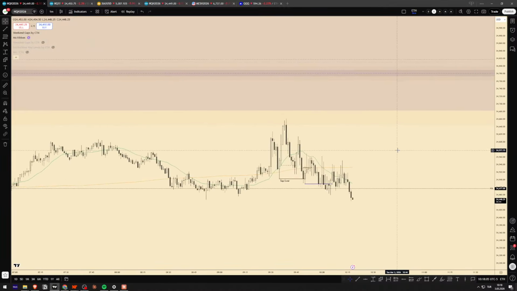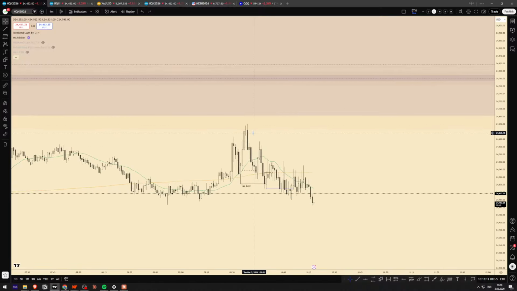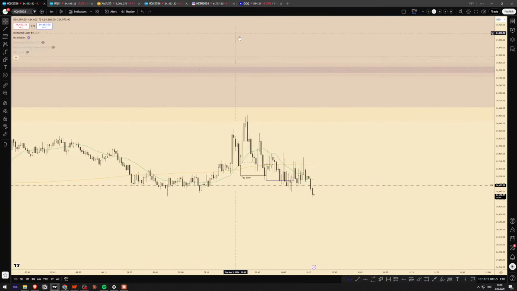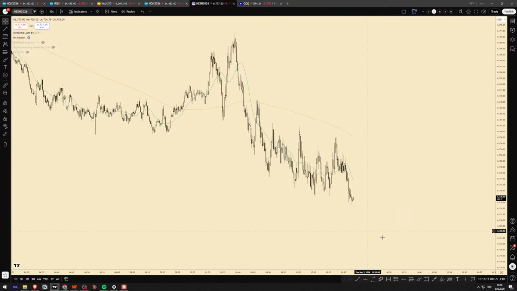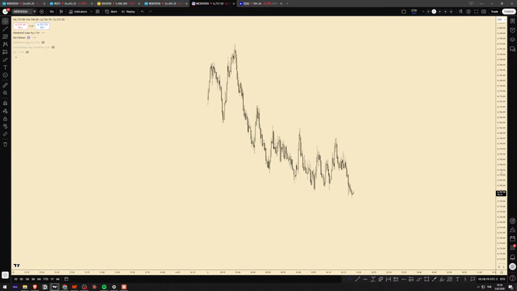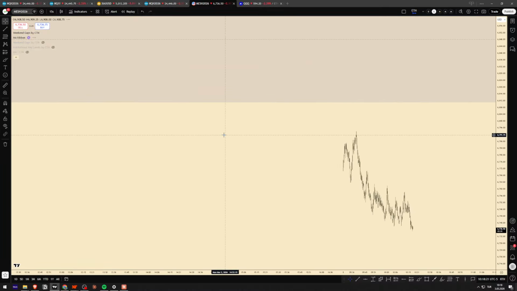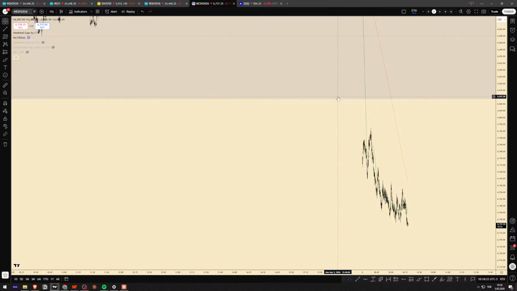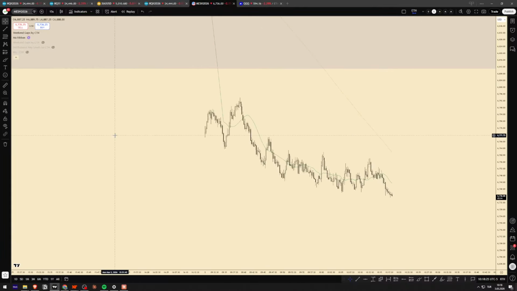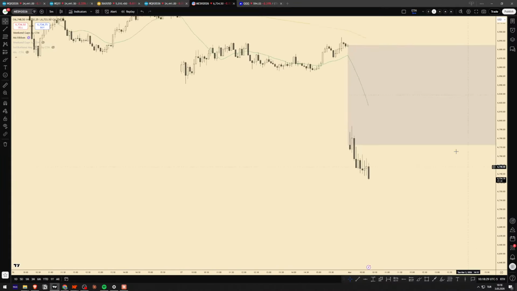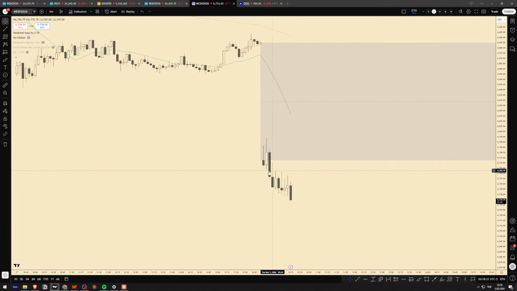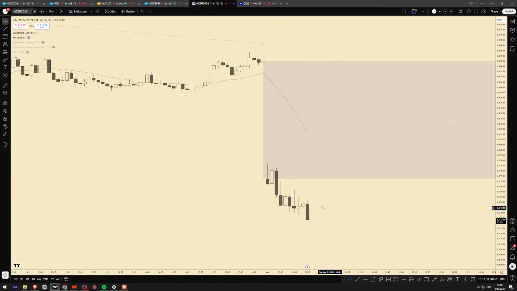Maybe price just didn't want to tap this electronic gap. I don't know yet. It's a possibility because price already tapped this regular trade hour weekend gap over here, and the gap from ES is already far away. We see a strong gap down.